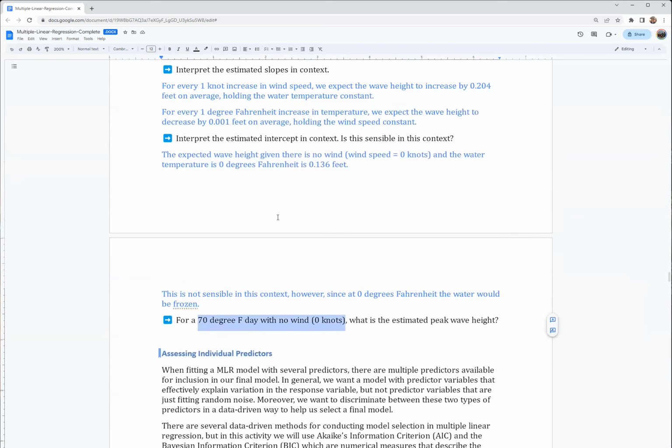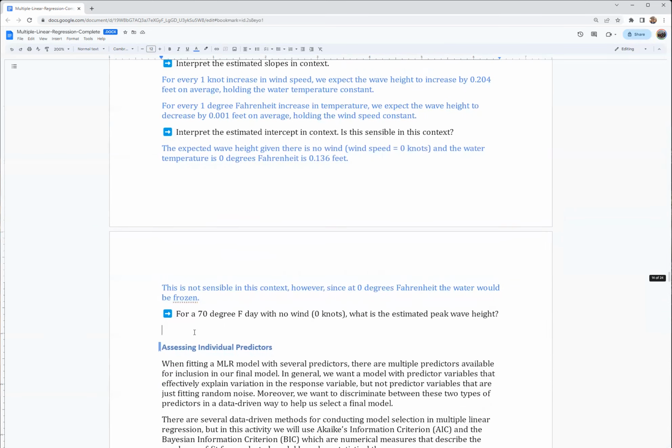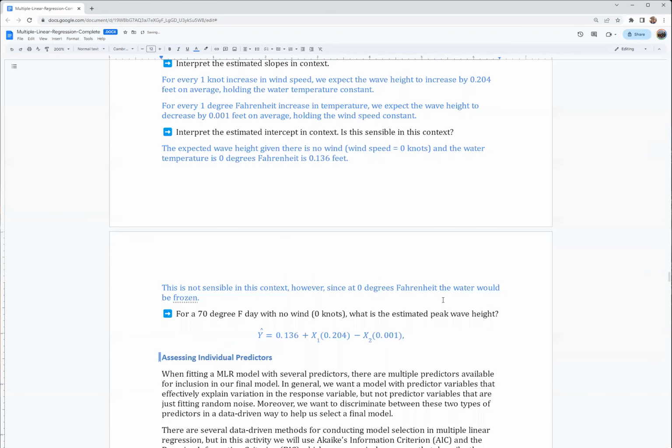To do that, we'll use our estimated regression equation. In that case, x1 is the wind speed, which in this case is 0. x2 is the temperature, which in this case is 70.